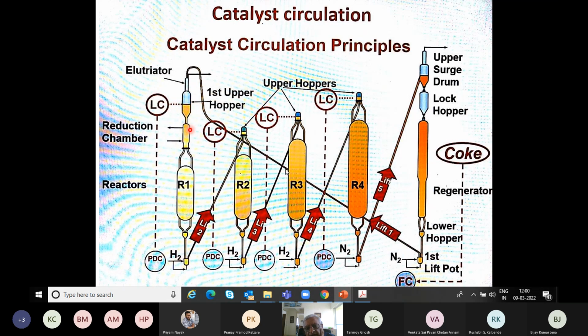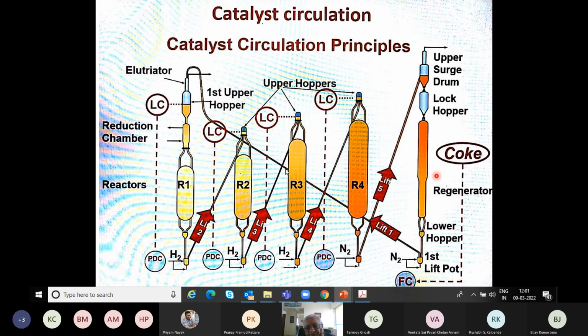And then in case of Axens technology, there's a reduction chamber where you reduce the catalyst, and I'll talk about that in a moment. But this is how you maintain the circulation. As you can see, there's a level controller by which we pass the catalyst through. So if you lift too much catalyst, this level will come down, and therefore the amount of hydrogen that you put through is controlled by this level controller at the top.